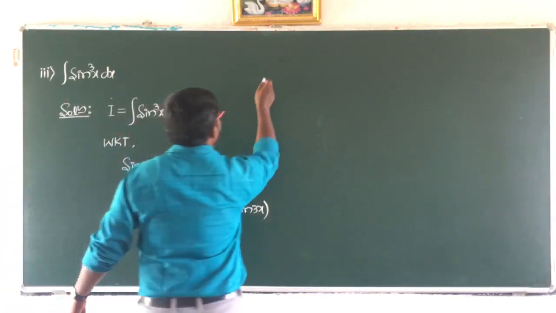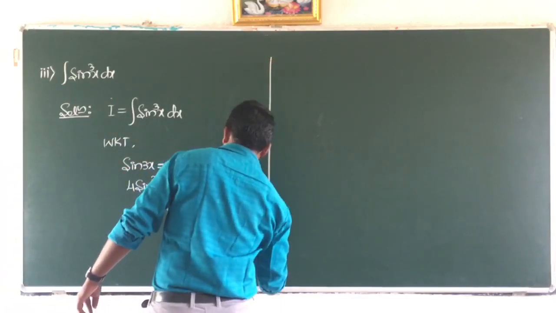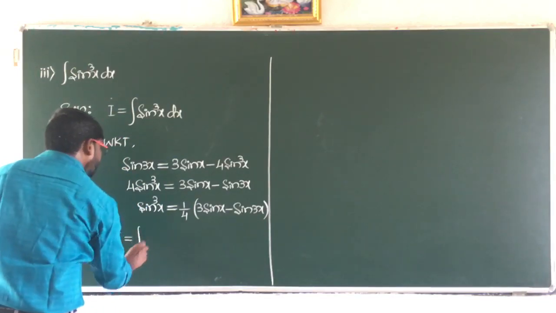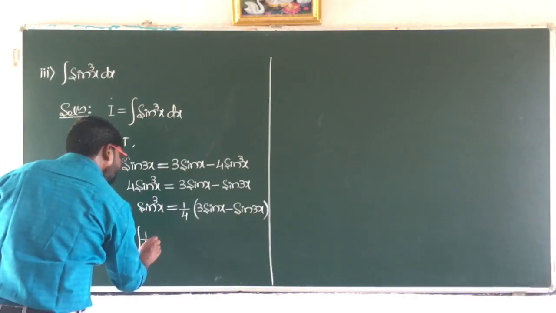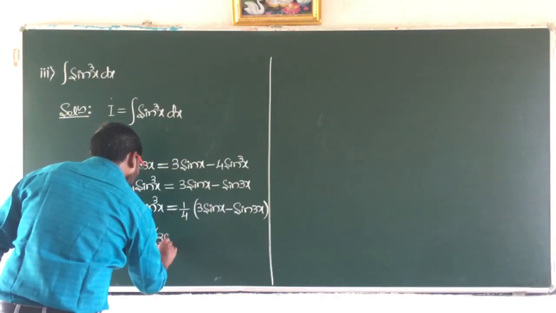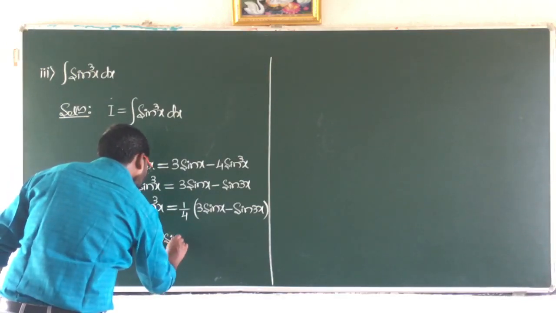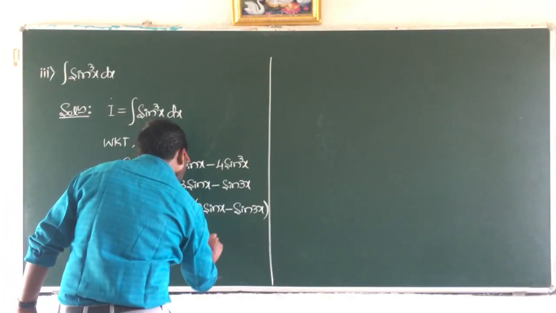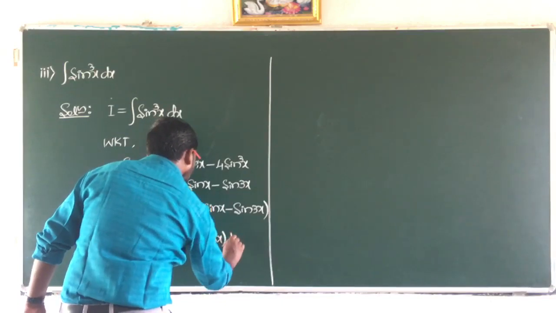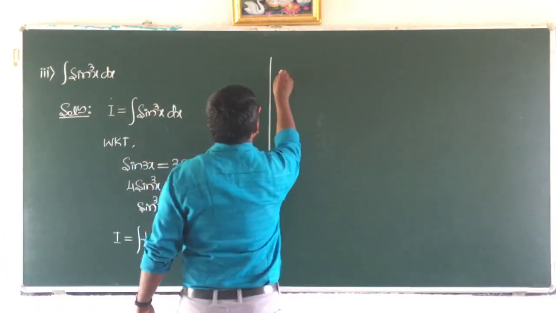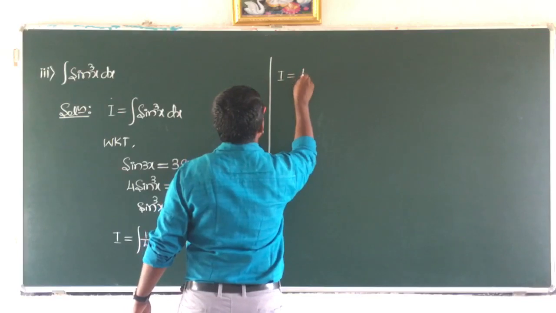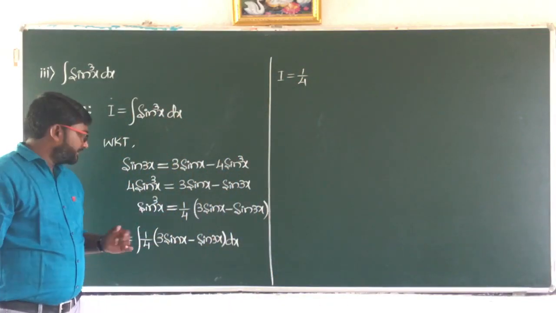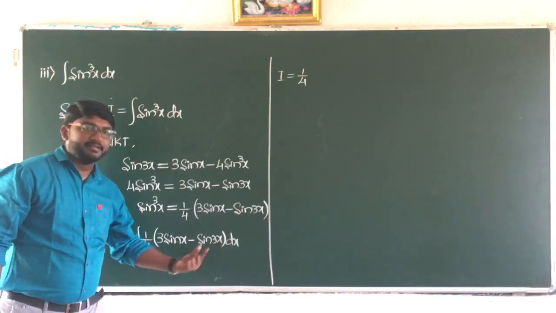So now in place of sin cube x, I can write 1 by 4 into 3 sin x minus sin 3x. So let us rewrite the integral. I, which is equals to integral 1 by 4 3 sin x minus sin 3x. Integrate them separately.